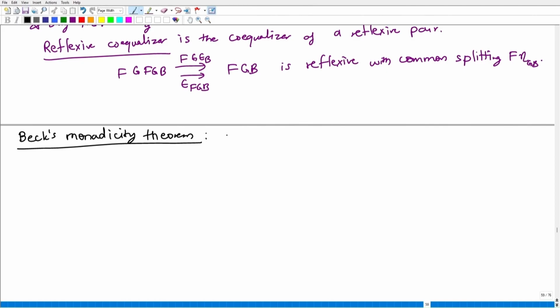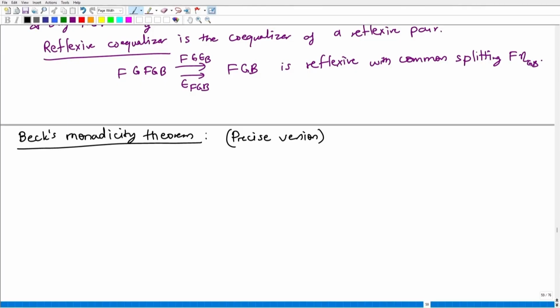There are two versions actually. The first one is the precise version, and the second one is the crude version, just like the adjoint functor theorem, general and special. The precise version is an if and only if condition, the crude version is just a sufficient condition, and in different situations you use different versions.